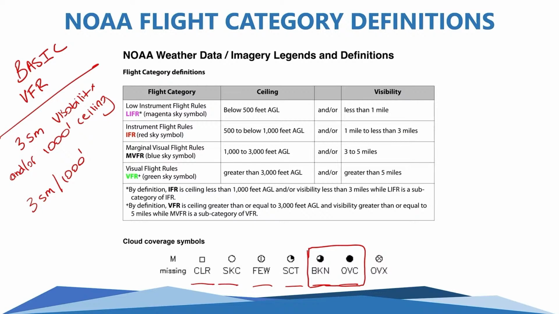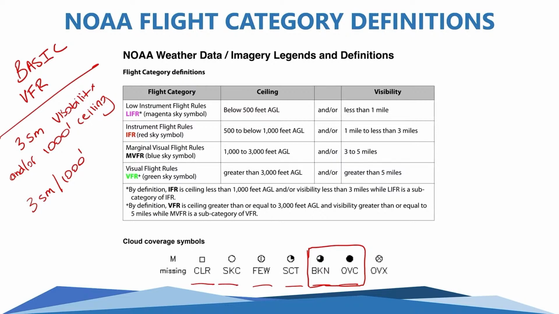So broken, you can kind of think of it like a pizza pie, pretty much 75%-ish, and there's an exact number there, of the sky is covered with clouds. Overcast is a solid cloud layer. So when we're talking about the ceiling, it is the lowest of the broken or overcast layer.